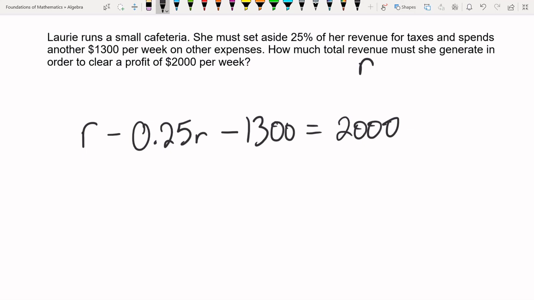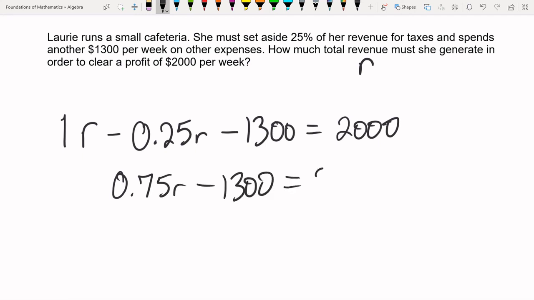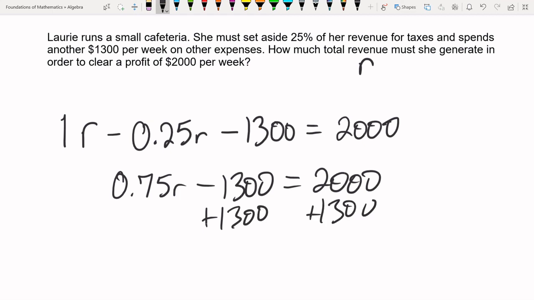This is a linear equation with one variable, and we can solve for that. So we have 1r minus 0.25r, which is 0.75r, minus 1,300 equals 2,000. So we need to get rid of the non-variable term, the 1,300, first. That gives me 0.75r equals 3,300.